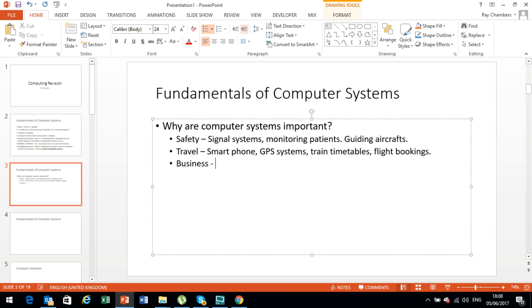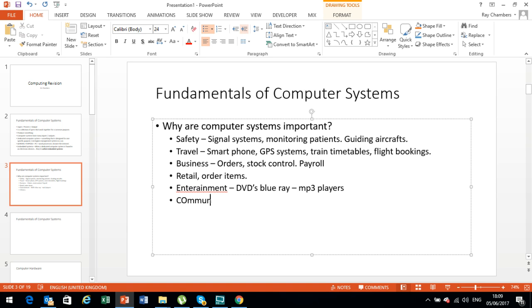Business: you may make orders, stock control, payroll. Retail: you might order items. Entertainment: we use computer systems for DVDs, Blu-ray, MP3 players. Communication: email, chat, social networks, business transactions.